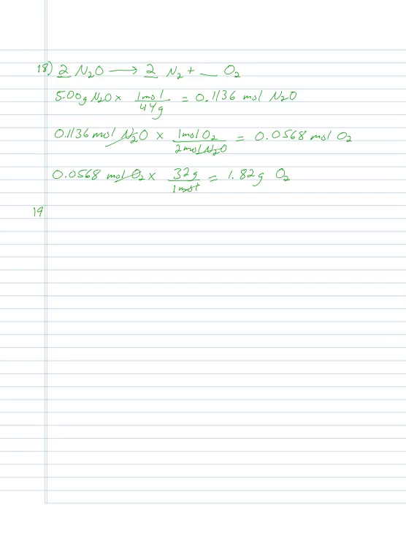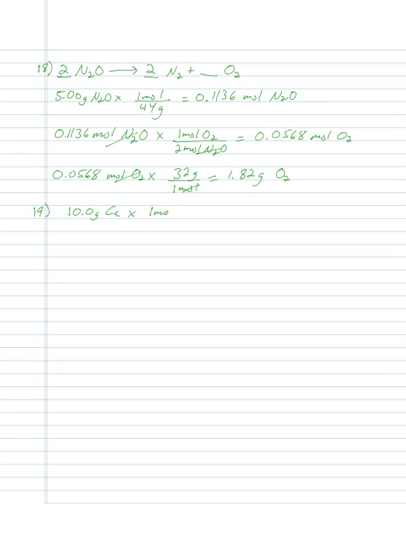Okay, and so we want to convert that into moles of oxygen, and so we take that number of moles, 0.1136 moles of N2O, and now we use our molar ratios here for the oxygen and the N2O. We get 1 mole of O2 for every 2 moles of N2O, and so that comes out to be 0.0568 moles of O2, because my moles of N2O cancel.